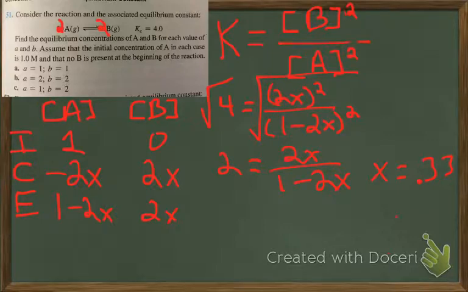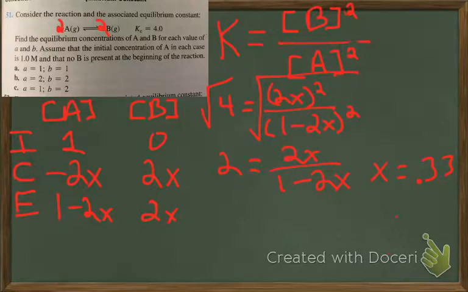But however many times this reaction happens, my change in concentration is going to be negative 2x. 2 from the coefficient, negative because it's a reactant. And if I lose 2x worth of reactants, I'm going to get 2x worth of products. For my equilibrium, if I started with 1 and I change by minus 2x, my equilibrium concentration will be 1 molar minus 2x, where x is however many times I did the reaction.